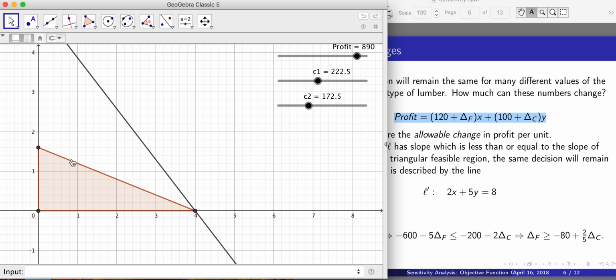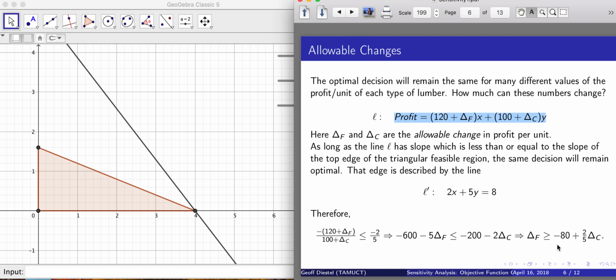And just realize that in this case, we really only have one edge of our feasible set to compare the slope of our line to. In this case, we get the relationship delta F has to be greater than or equal to negative 80 plus 2/5 delta C. So if delta F and delta C are numbers that satisfy that inequality, we know that the same decision will be optimal. The only thing that will change is how we compute our profit.